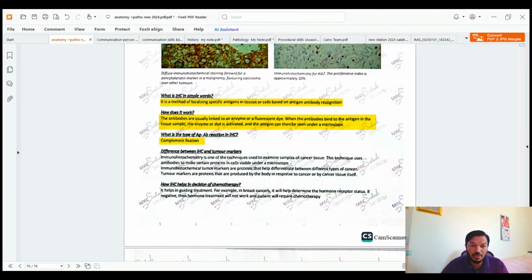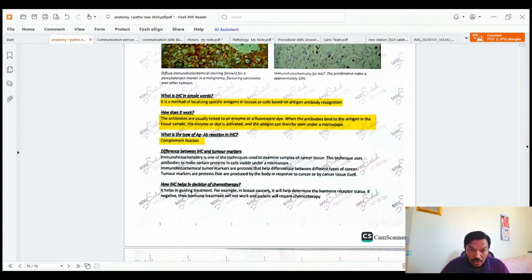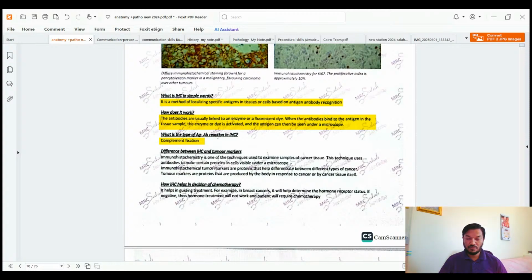What is the difference between immunohistochemistry and tumor marker? Immunohistochemistry is one of the techniques used to examine samples of cancer tissue.